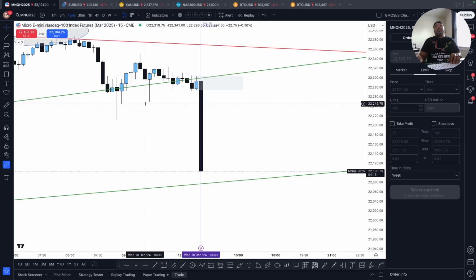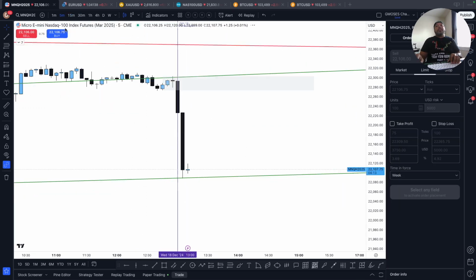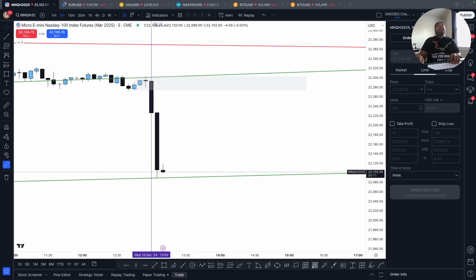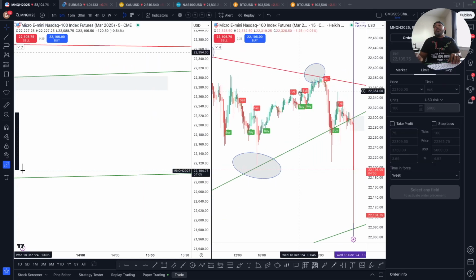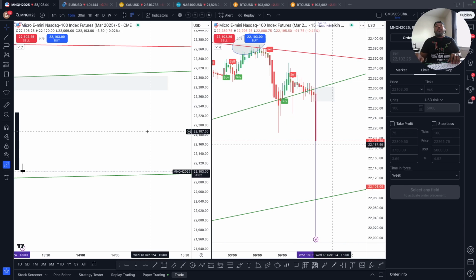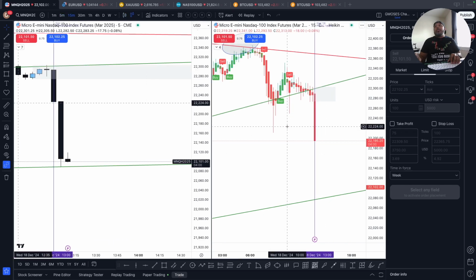Let's go back to that NQ. I'm curious at what this looks like right now. We actually might be able to catch an opportunity on this one. Let's see.